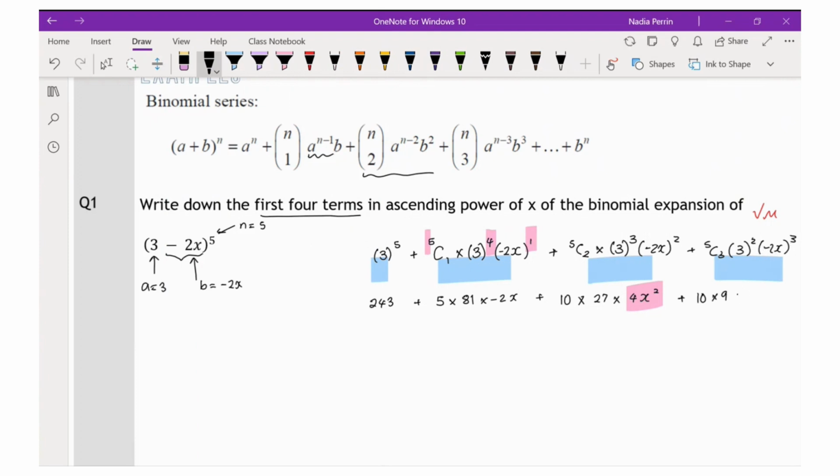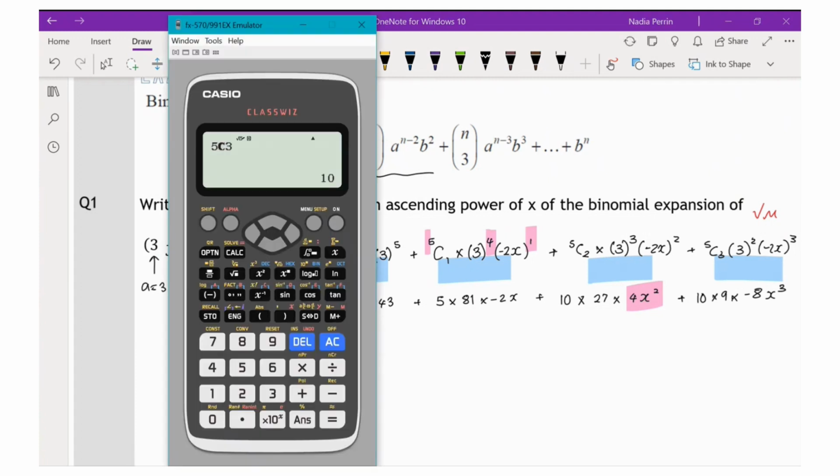Negative 2 to the power of 3 this time is going to be negative 8x cubed. So just be really careful with that. If you're doing it on your calculator, you're putting brackets around the negative 2 and then to the power of 3. Okay, and that will make sure that if it's an even power, that it will be positive.